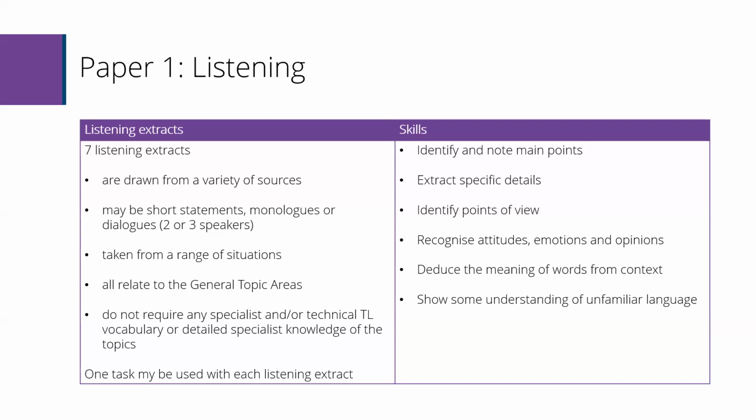So that idea that they don't need to understand absolutely everything, and of course not absolutely everything is needed for them to be able to answer all of the questions. Not every word is actually tested. And of course, this means, therefore, that they need to show some sort of understanding, sometimes of some unfamiliar language.